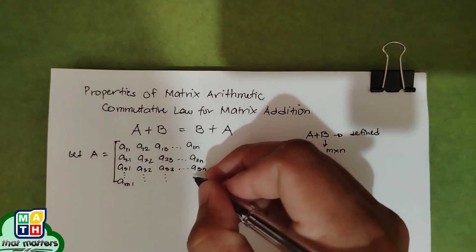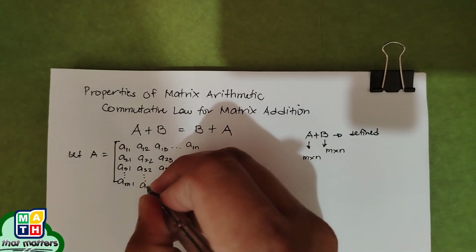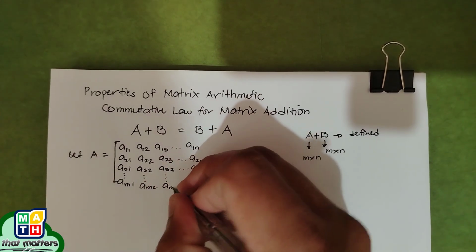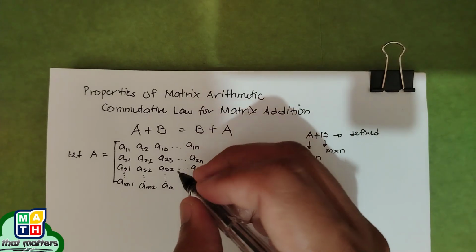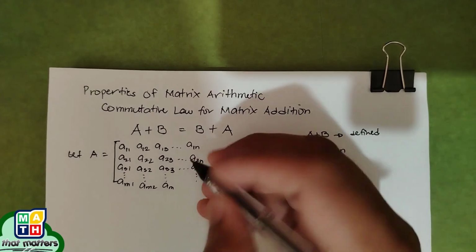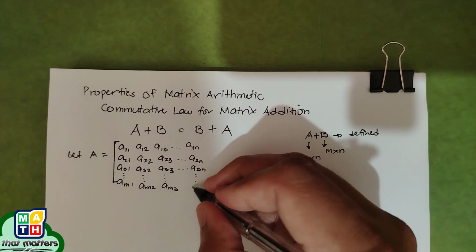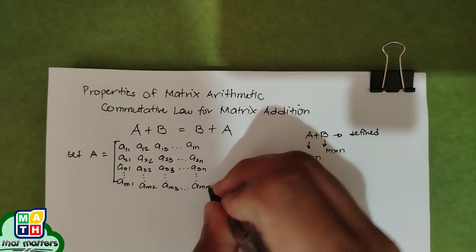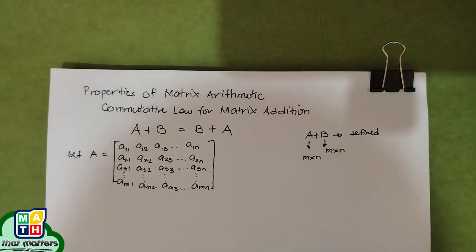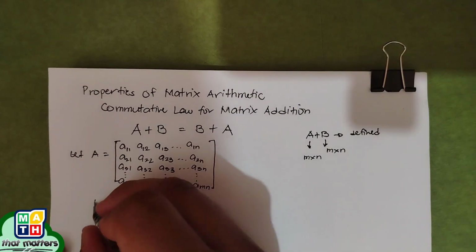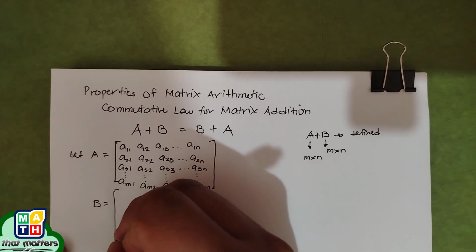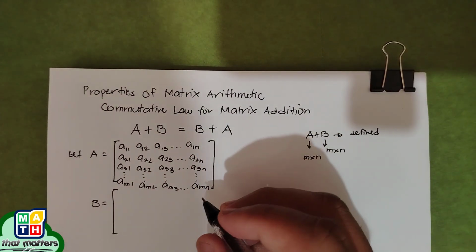And then as we go here, this would be Am2, Am3, and this would be Amn. Okay, sorry for that.